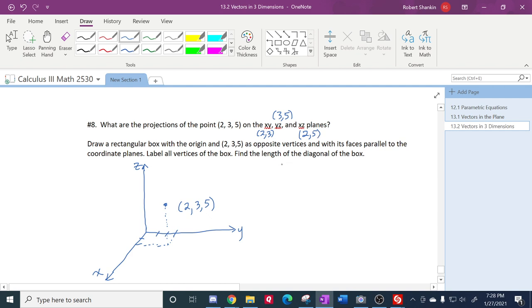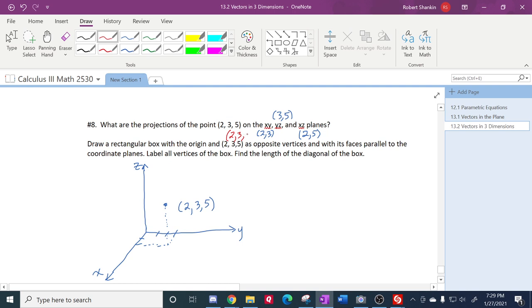Okay. So we could refer to these points with just two coordinates, if you imagine that plane is the only plane that exists anymore. If we did this with 3 coordinates, instead of 2, 3, it would be 2, 3, 0.